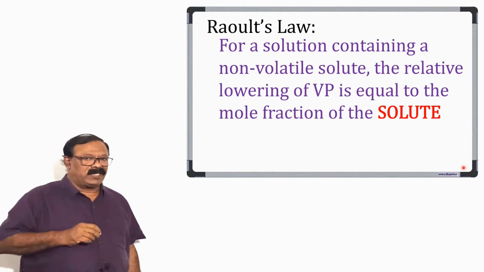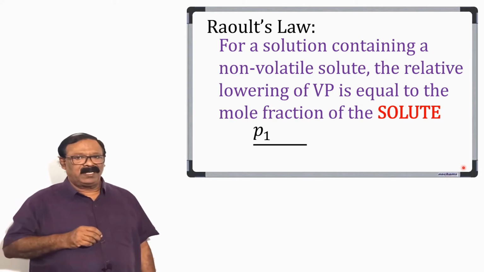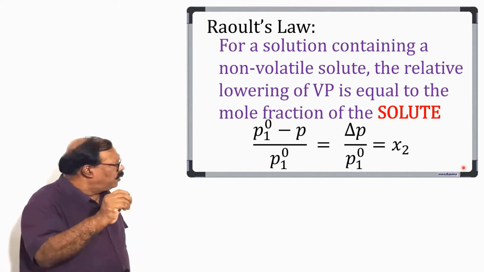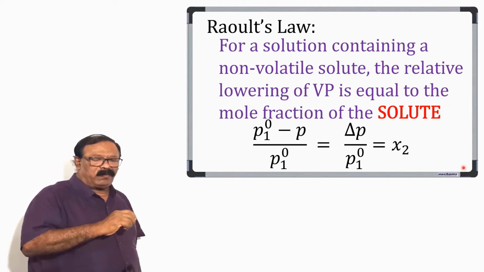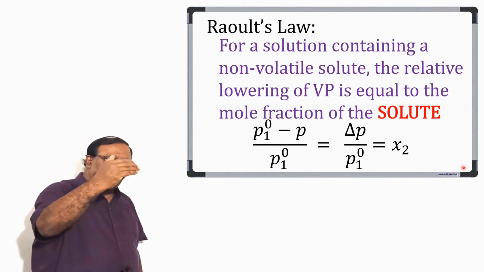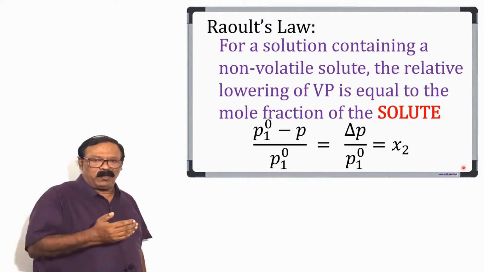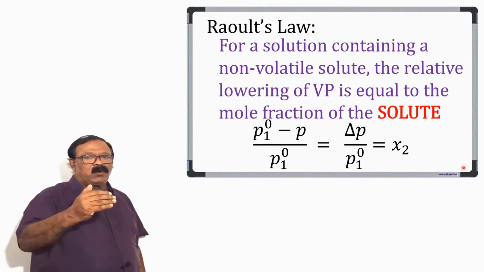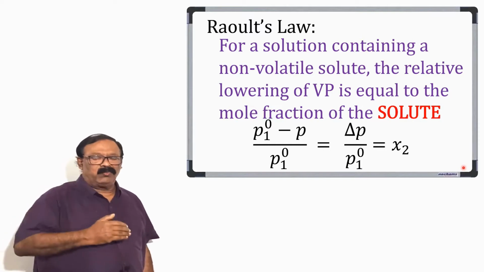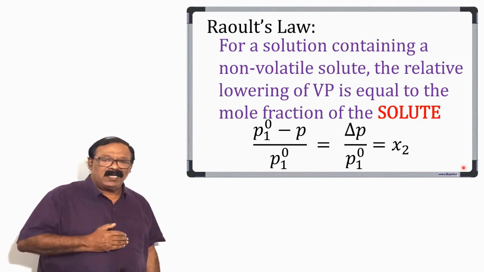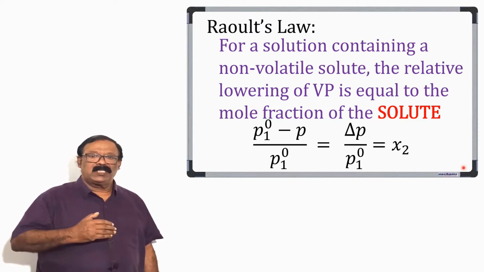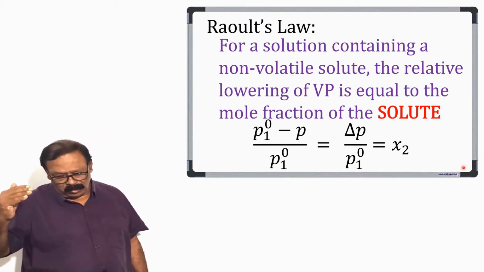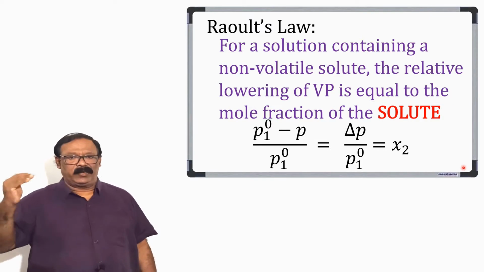Just now we have seen what is relative lowering of vapor pressure. It is P01 minus P by P01, or P01 minus P we can write as delta P also. So delta P by P01 is equal to X2, which is the mole fraction of the solute. So this is the Raoult's law applied to solutions of solids in liquids.